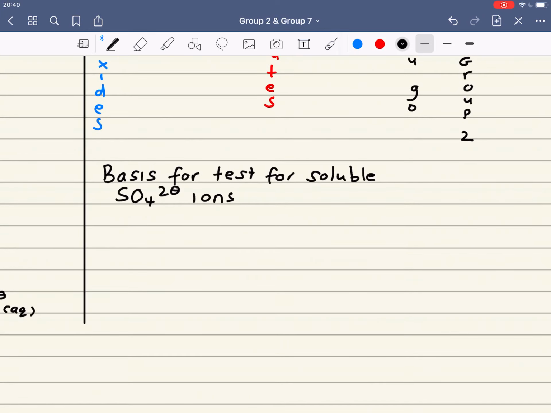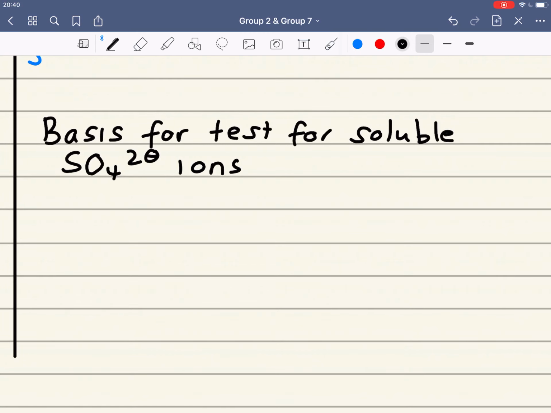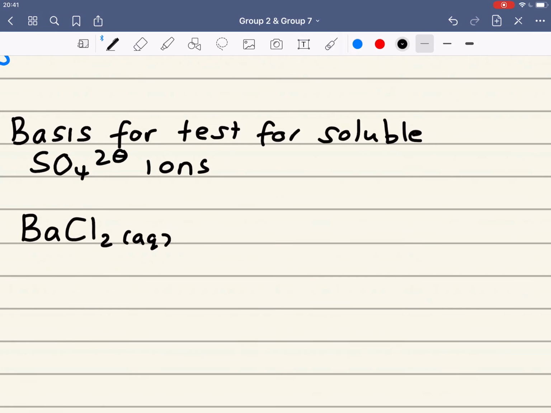What we would do then is you'd react these soluble sulfate ions with a soluble barium salt, such as barium chloride or barium nitrate. And that then would react with a soluble sulfate, such as sodium sulfate.